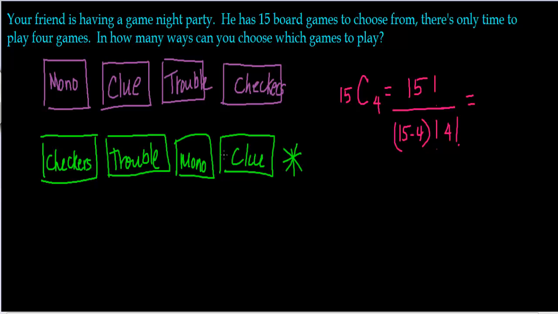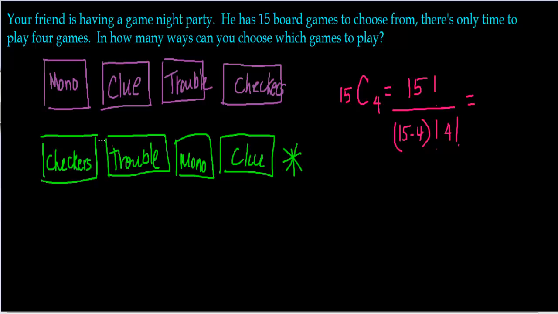Let's say I tell you that the order in which I choose the games is the order in which we're going to play the games. So the first game you chose randomly will be the first game we play tonight, the second game we chose randomly will be the second game we play tonight, and so on. If I say that and ask you, in how many different ways can I choose 4 games out of these 15, that's a different story, right?